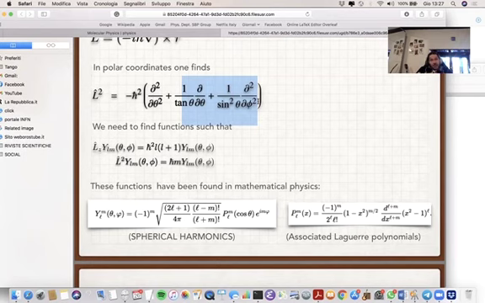So try to familiarize yourself with what L squared is and what these functions look like. You don't need to remember them by heart. I don't know them by heart, but you need to remember that they depend on L and M. You need to remember the values of L that are allowed and the values of M that are allowed. And you need to remember that this function depends on cos theta and on phi.